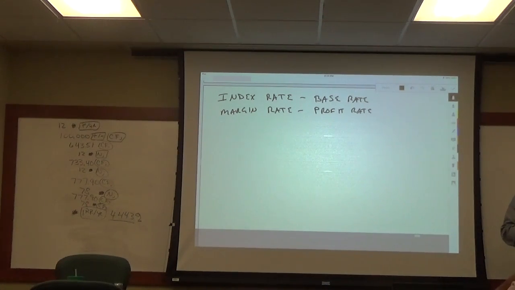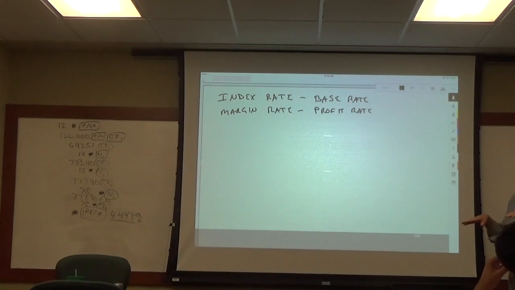The index rate is something that the lender will predetermine, and they will say, we are going to base our adjustable rate mortgages off of LIBOR, the London Interbank Rate of Exchange, or we're going to base them off of the federal funds rate, or some other rate they come up with, but that is going to be kind of the floor base rate.